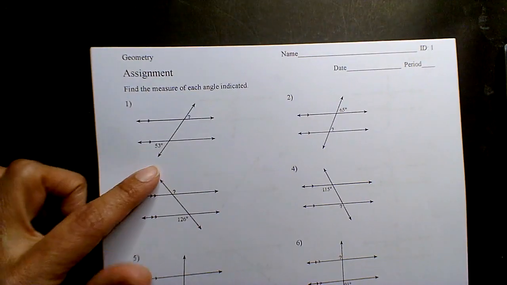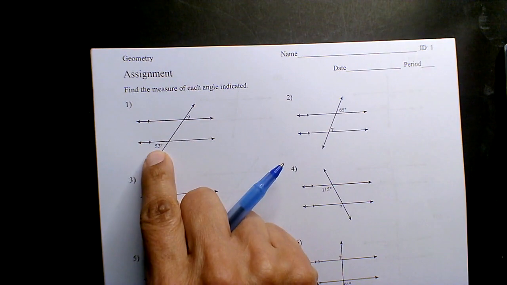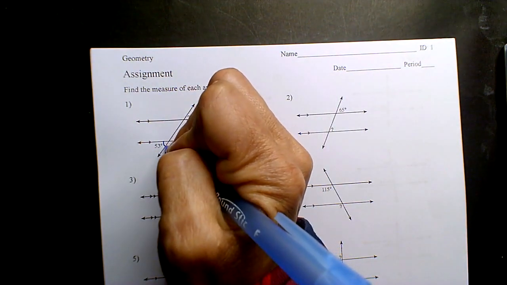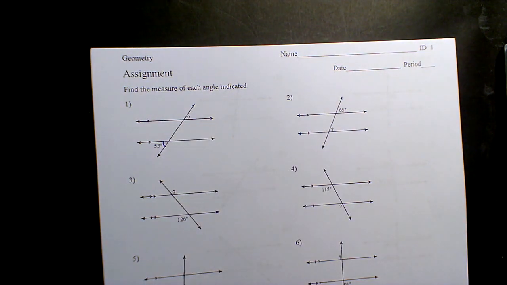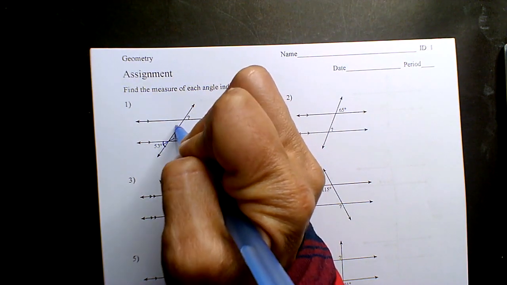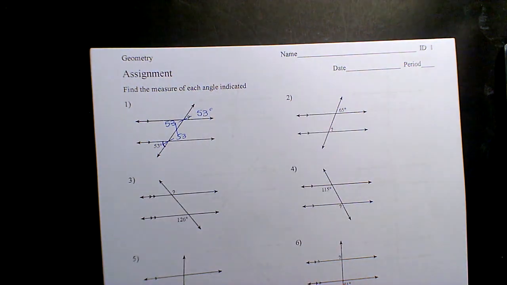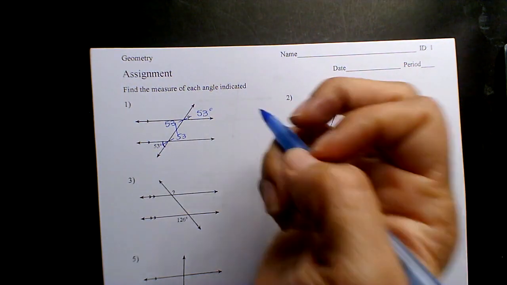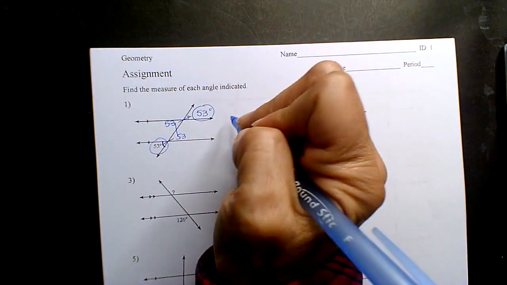All right, so look, question number 1. If this degree is 53 degrees, what is this question mark degree? If you were to zigzag, yes, right? Okay, now what is the angle pair relationship between these two?